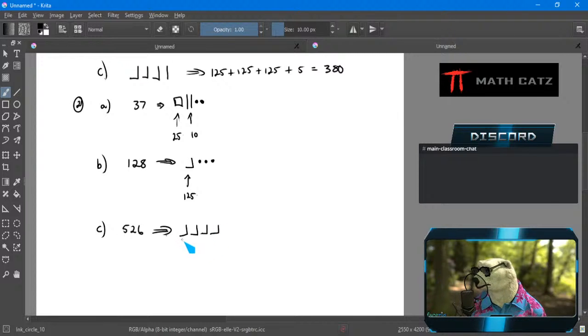4 feet would be, well, remember each foot is 125, right? So 4 of these feet would be 500. Then I see, okay, I have 26 left. That's a one.